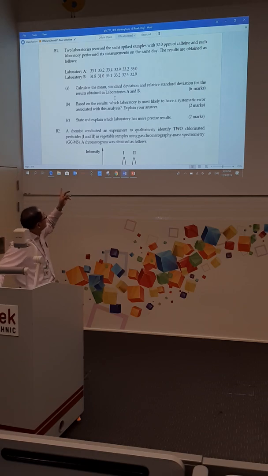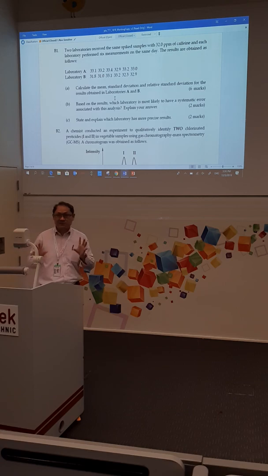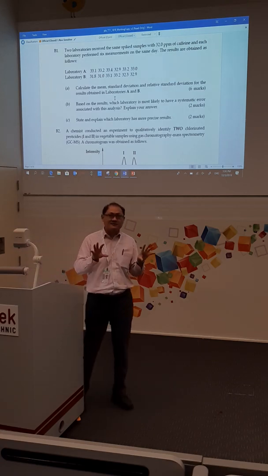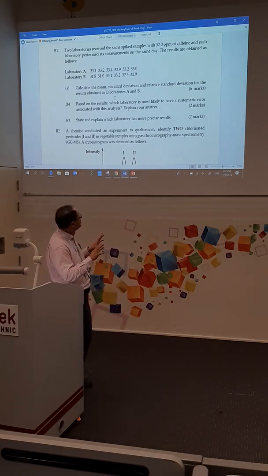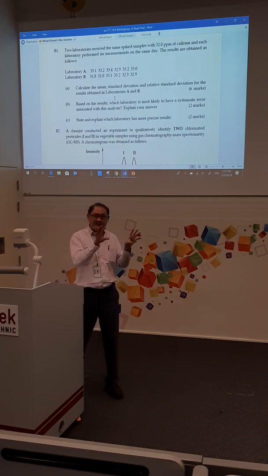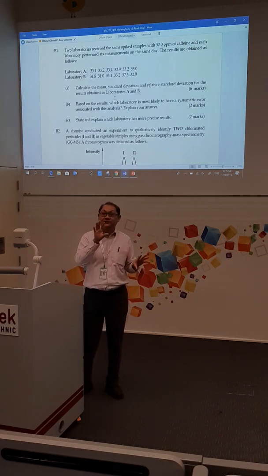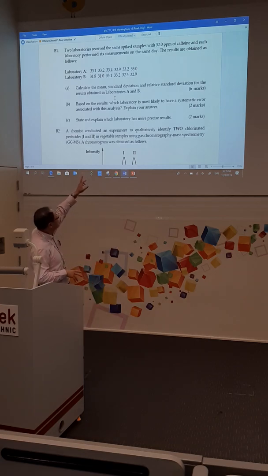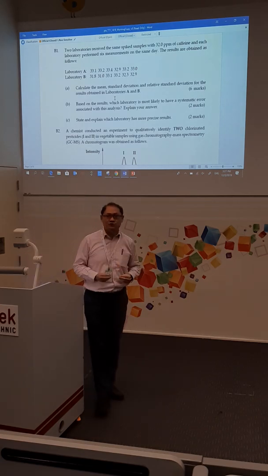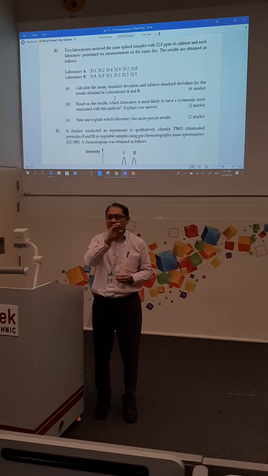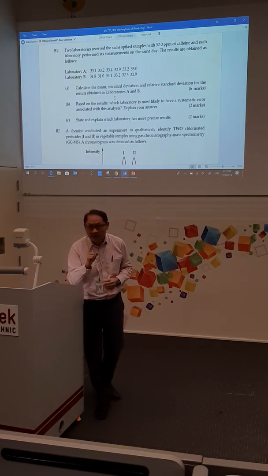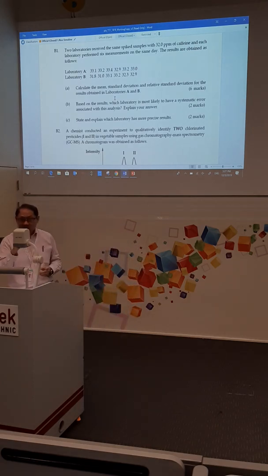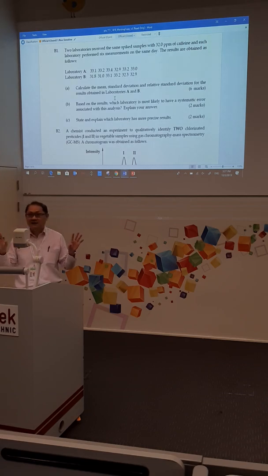Laboratory A, all 6 data points, all the results are at 33 or above. In particular, given this information, we know the so-called true value, the theoretical average, is 32. Then you take this into consideration. So all results are greater than 33.